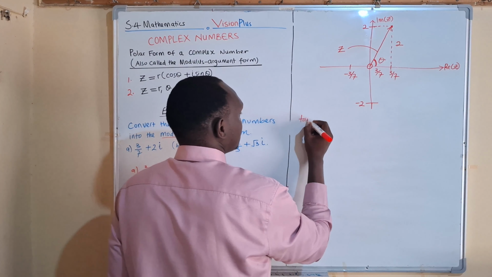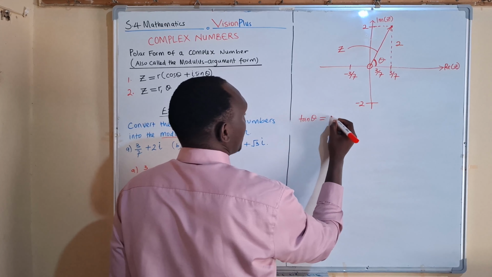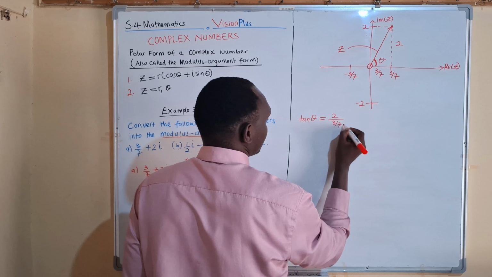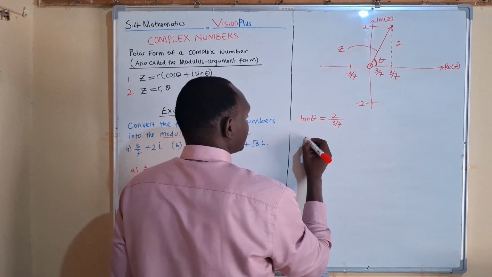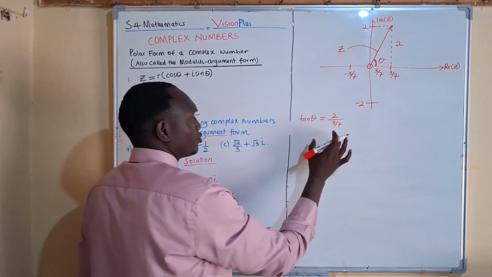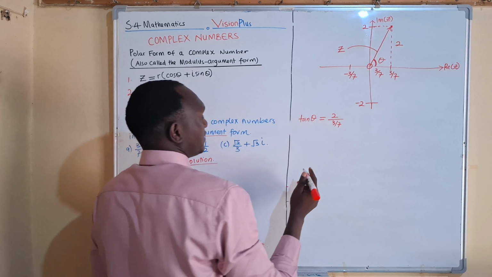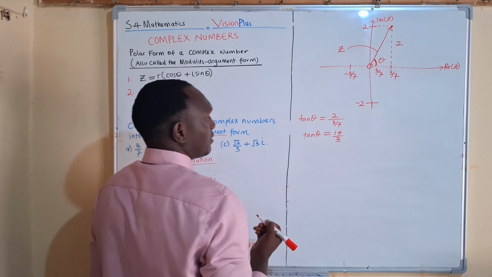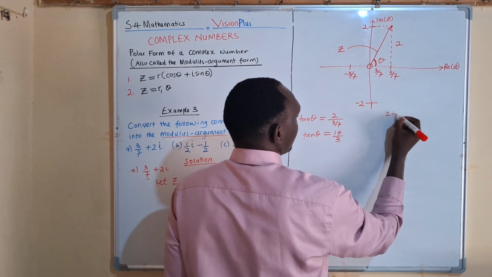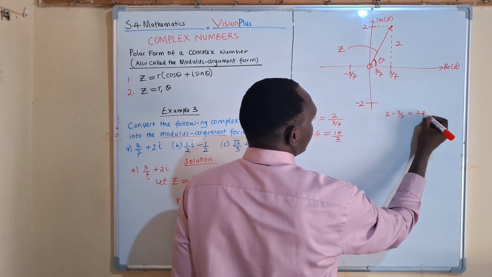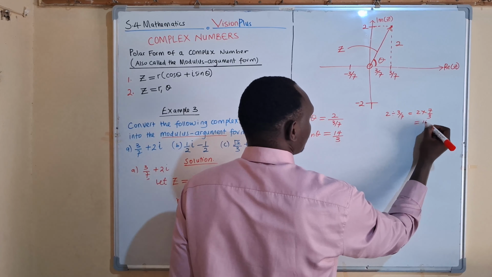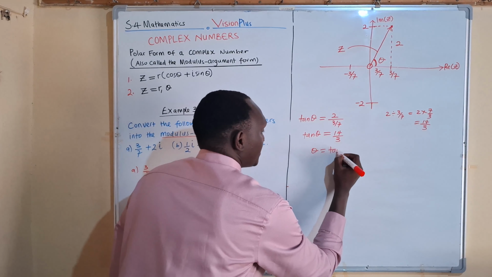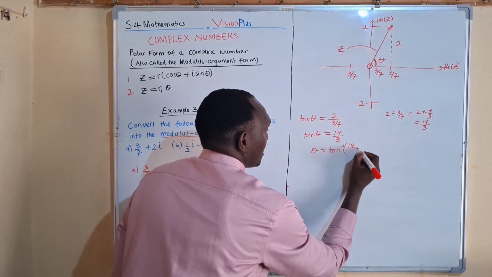So tan of our angle theta is opposite over adjacent, which is 2 over 3/7. Here we have 2 divided by 3/7, which is the same as 14/3, simply because 2 divided by 3/7 is the same as 2 times 7/3, and 7 times 2 is 14/3. And from here our angle theta becomes the tan inverse of 14/3.